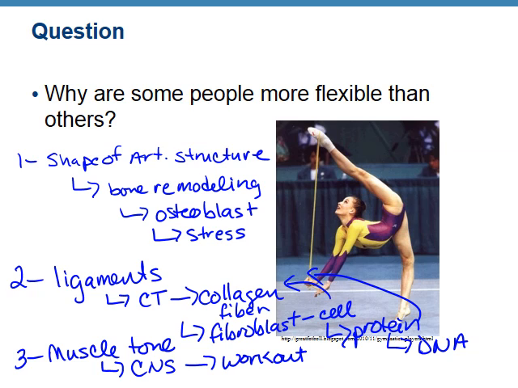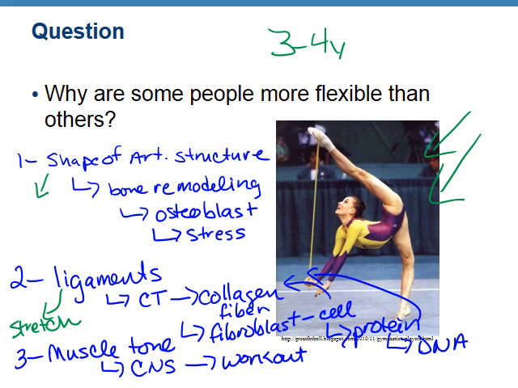What about ligaments? We can stretch our ligaments, right? If we decided we were going to stretch on a daily basis, we could make our ligaments a little bit looser, right? And then the shape of the articular structure, if it's based on stress, what would happen if we started practicing to do this when we were 3 or 4 years old?